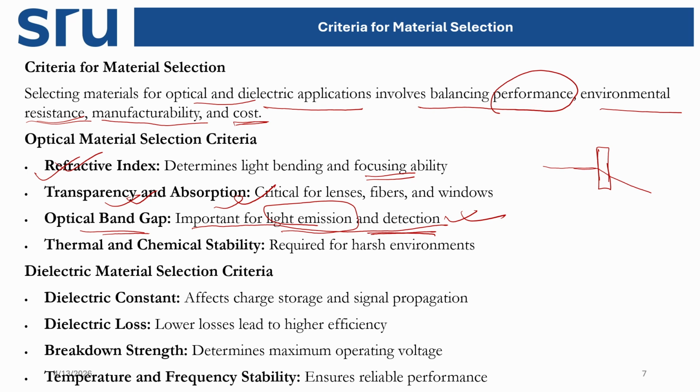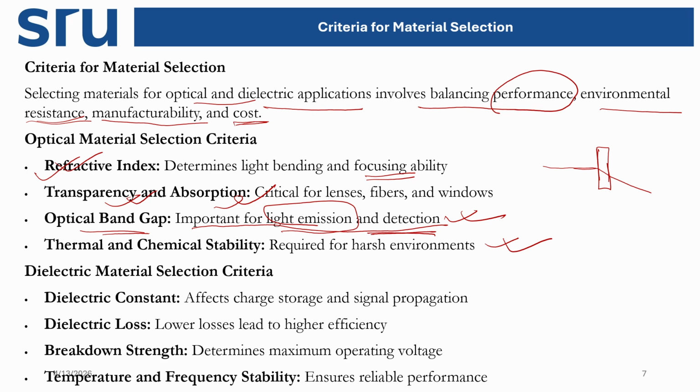Now, thermal and chemical stability. Let's say we have designed some material which works with very good efficiency, but how long can it sustain? In the environment, these materials can degrade and interact with moisture or other chemicals in the atmosphere, and also, due to thermal effects, my compound can degrade.